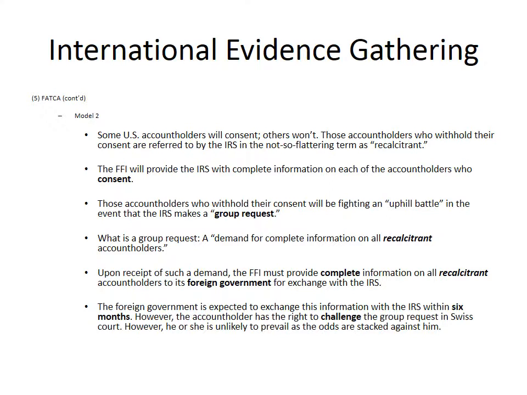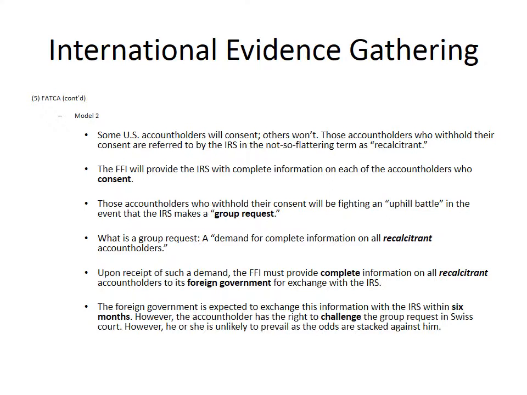Those who consent will have their complete information exchanged by the Swiss bank directly to the IRS. Those who withhold their consent will be fighting an uphill battle in the event that the IRS makes what's called a group request. What is a group request? It's a demand for complete information on all recalcitrant account holders.